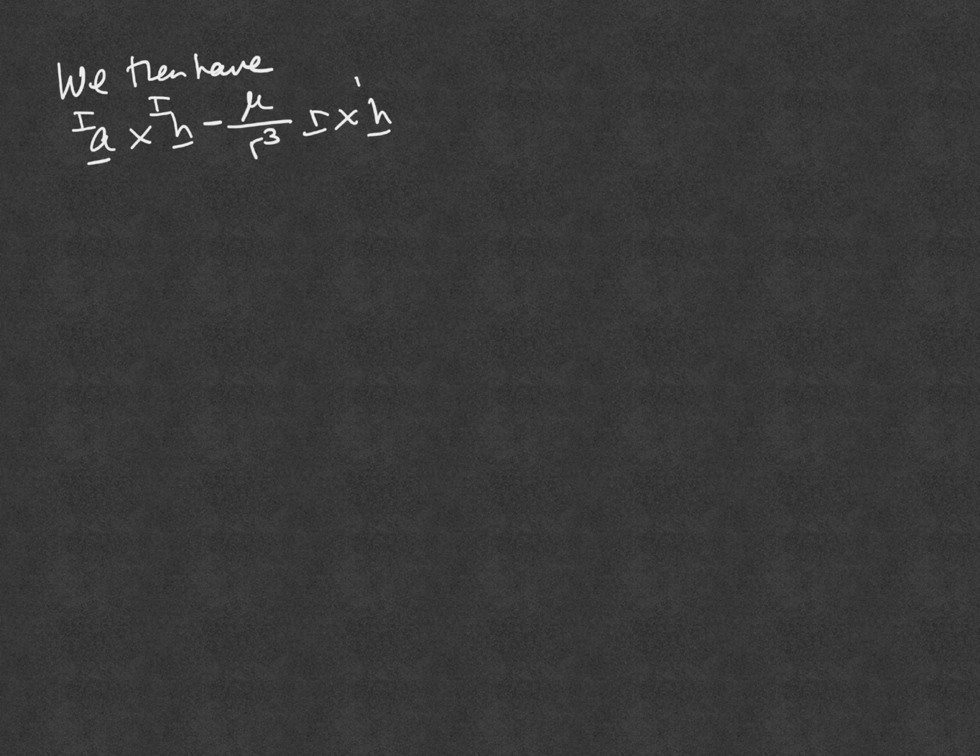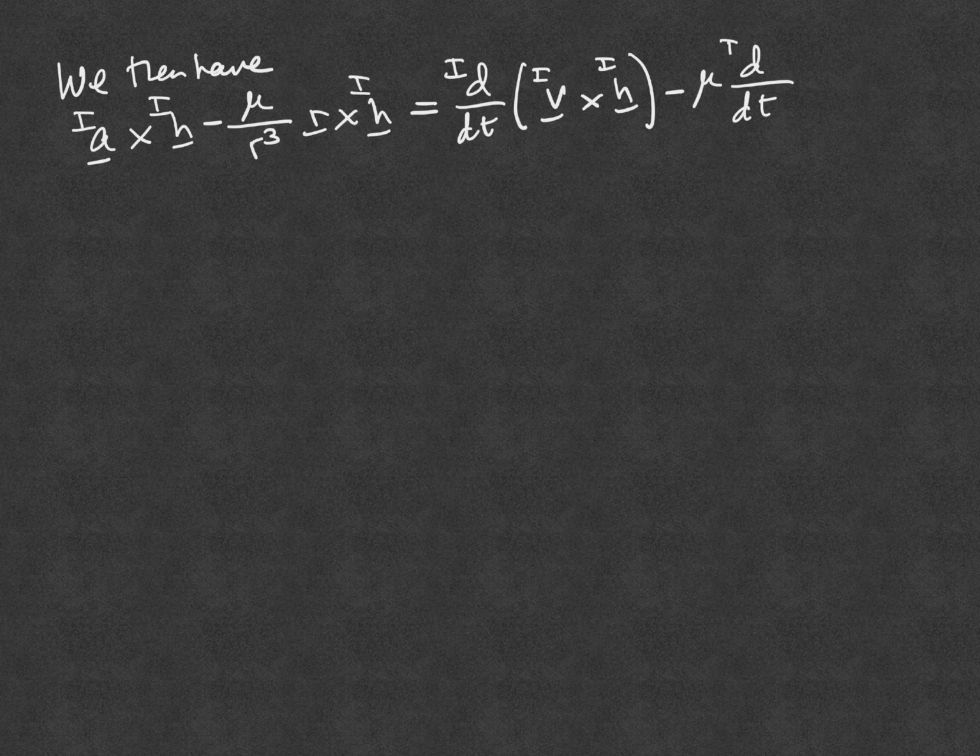So we have AI crossed with HI minus mu over r cubed times r crossed with HI, which is equal to d/dt in I of VI crossed with HI, that's the first term that we had, minus mu times d/dt in I of r divided by its magnitude, equals 0.